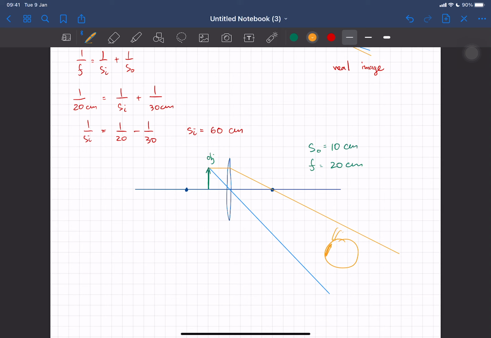Because the light rays are not intersecting, that's true, but from the point of view of your eyes, it looks like the light rays are coming from some other place. What I mean is that even though they are not intersecting, it looks like they are coming out from some imaginary object somewhere here.